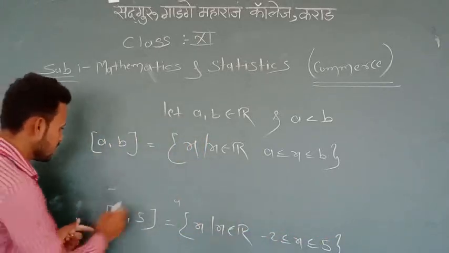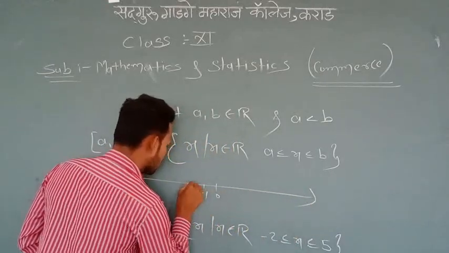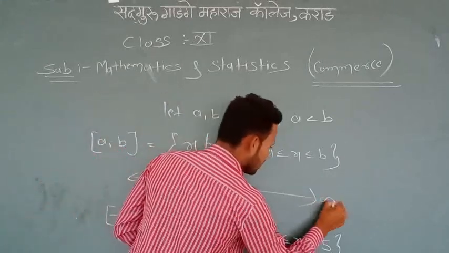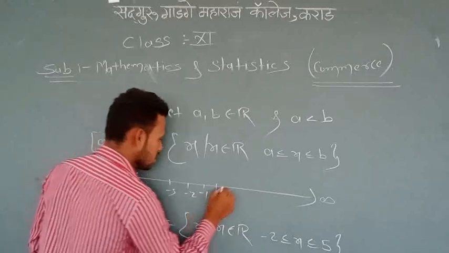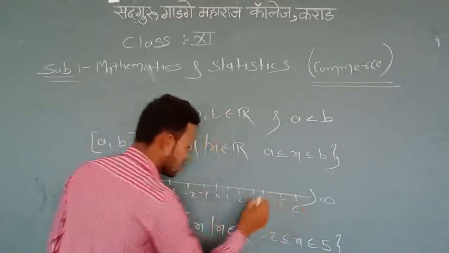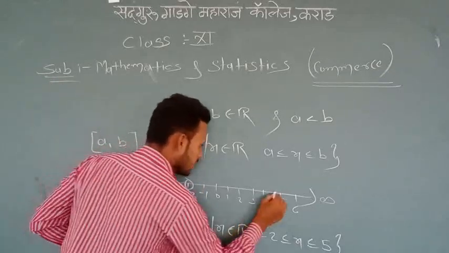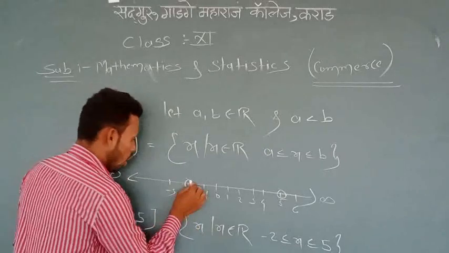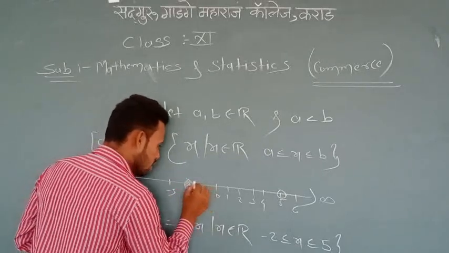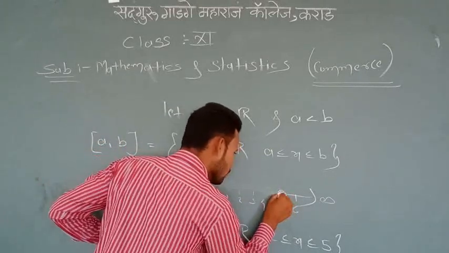On the real line, here 0, minus 1, minus 2, minus 3, going to minus infinity, and plus infinity on the other side, if I take 1, 2, 3, 4, 5, 6, then for the closed interval minus 2 to 5, here minus 2 and here 5, all these real numbers are in this set, minus 2 is also included, and all real numbers between minus 2 and 5, and this 5 is also included in that set.